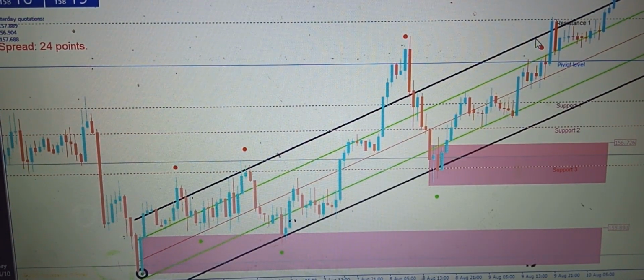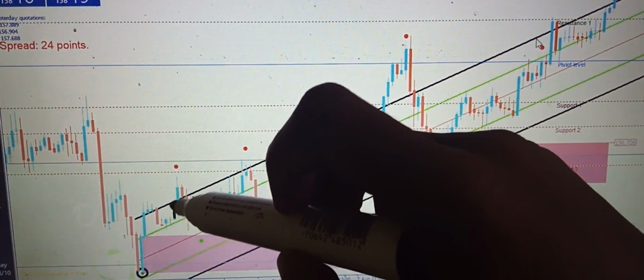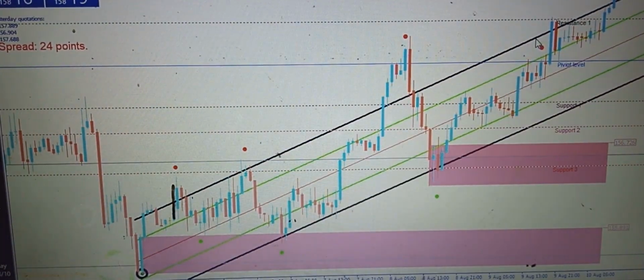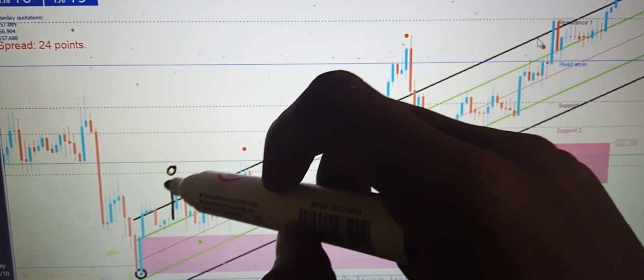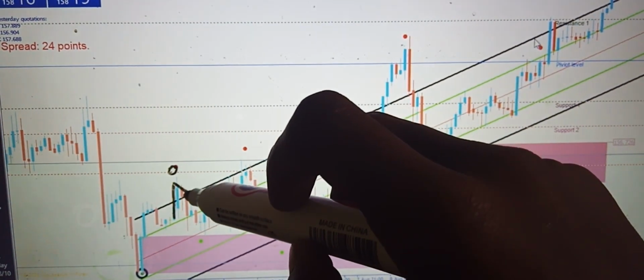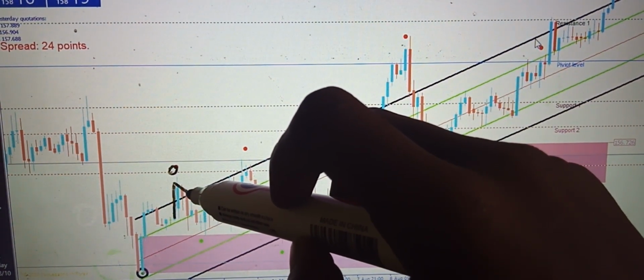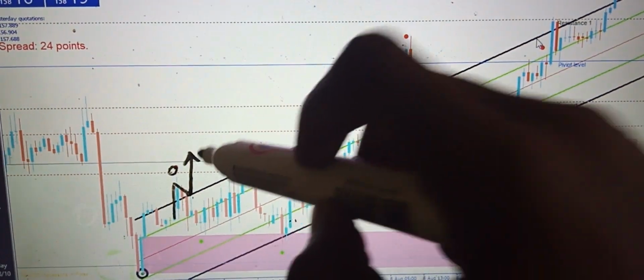The reason is we are confirming that the resistance is not broken. For example, you can see the market broke above the resistance level, right? And if you sell automatically because of this signal, it is possible that the market can come to test your resistance level for the second time and then go in the opposite direction.